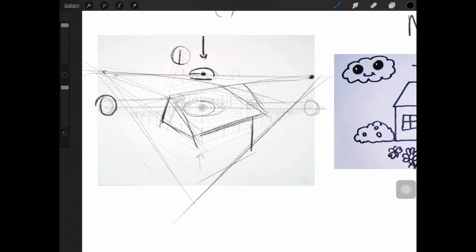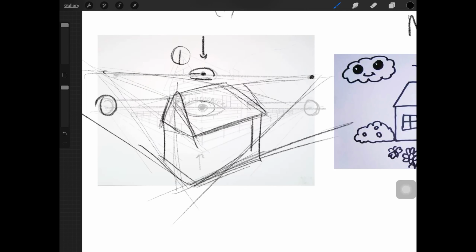Something like that will be made when we are above the eye level. Something like this will be made. This is the house. You will see the upper part more than the lower part.